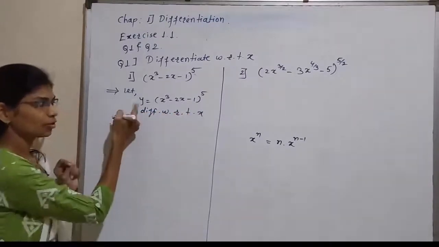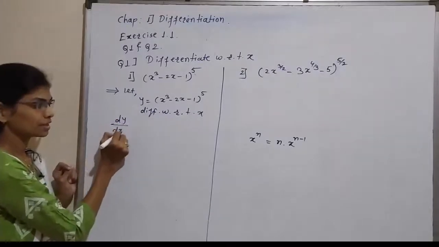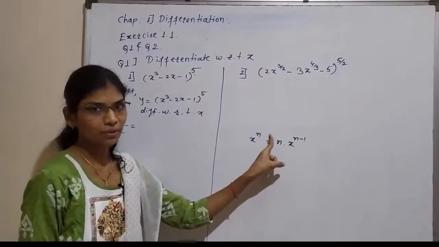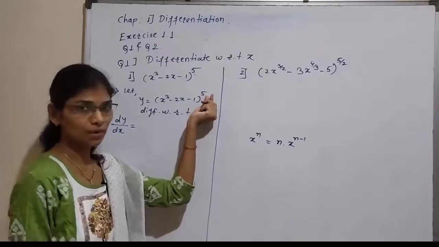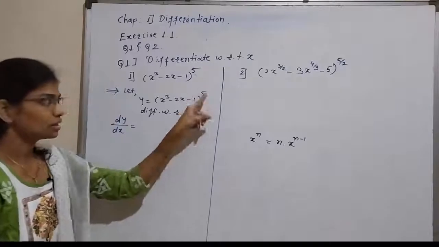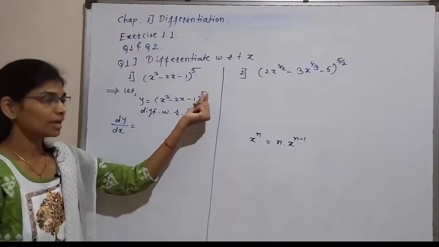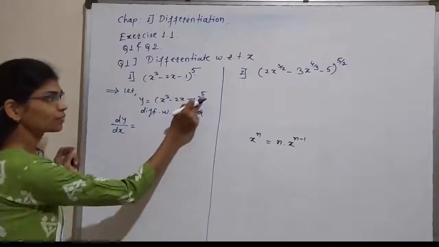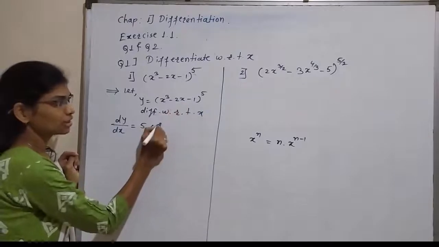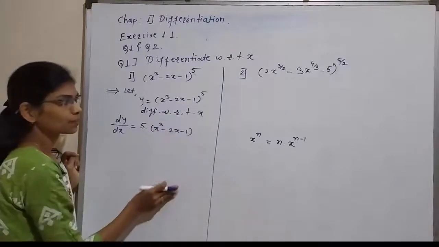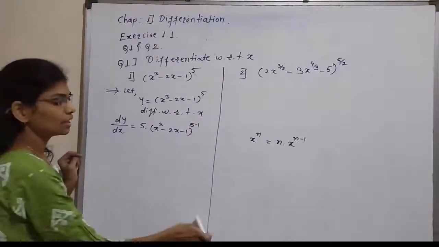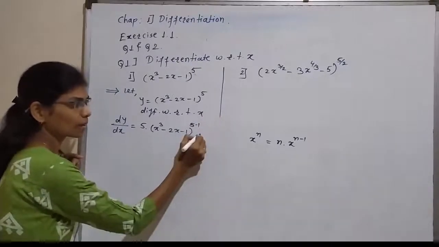That is why derivative of y with respect to x is equal to, treat that function as x raised to n. Here the power of that whole function is 5. First of all, take the derivative for that index, and that will be in multiplication form. Therefore 5 is in multiplication form. In bracket, whole function x cube minus 2x minus 1 raised to 5 minus 1, index reduced by 1, multiply by.